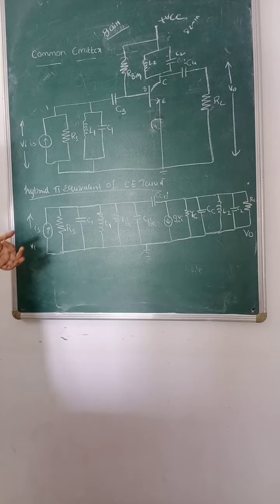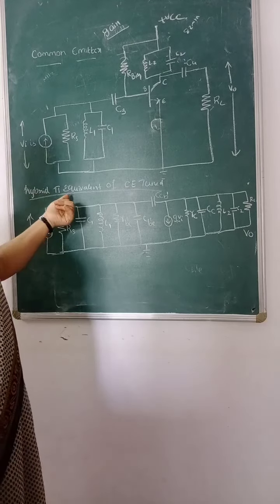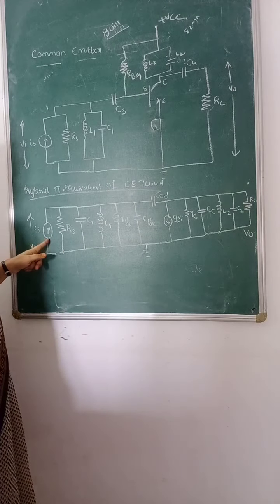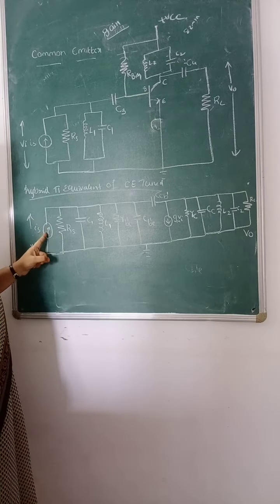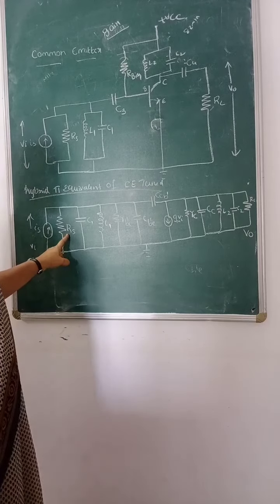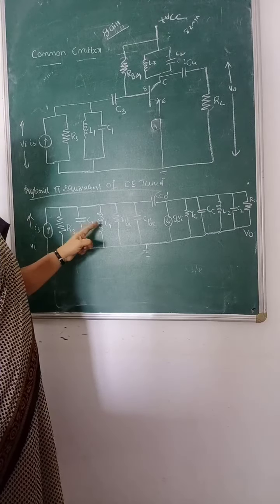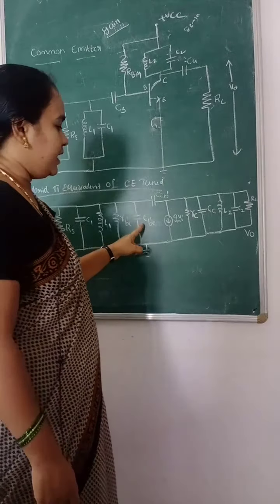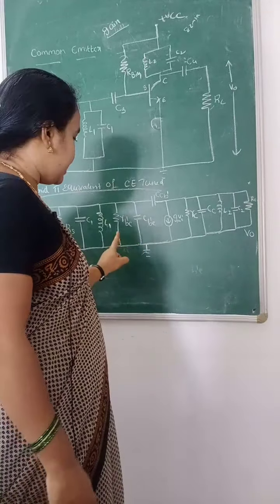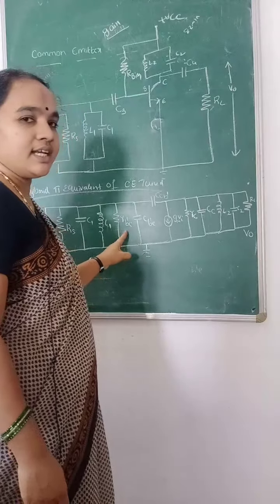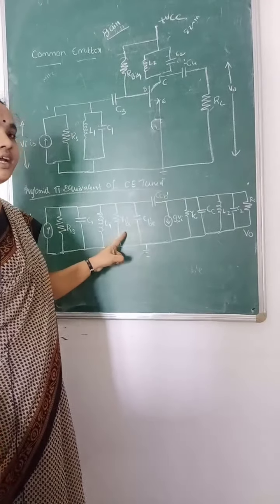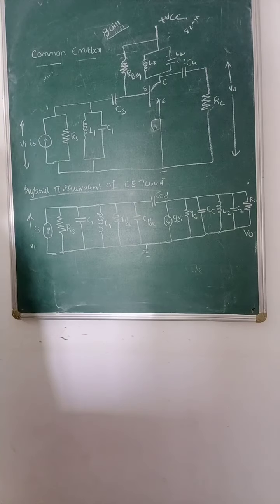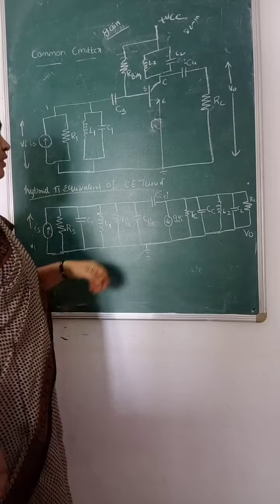So in the hybrid pi equivalent of common emitter tuned amplifier, we will have a current source in parallel combination with resistance RS, the inductance and capacitance, the input resistance, that is RB-E, and input capacitance. These two terms RB-E and CB-E are the input resistance and the input capacitance of this common emitter tuned amplifier.